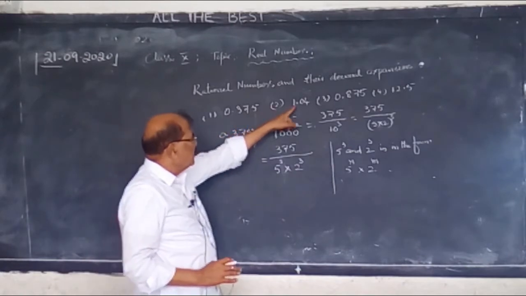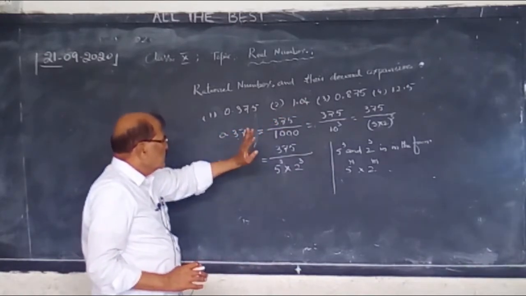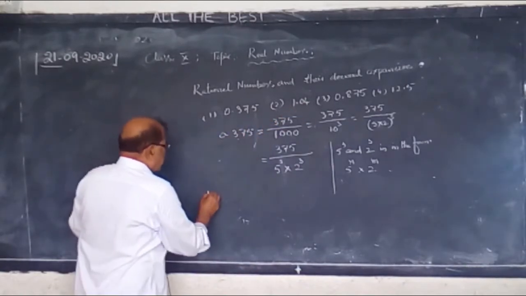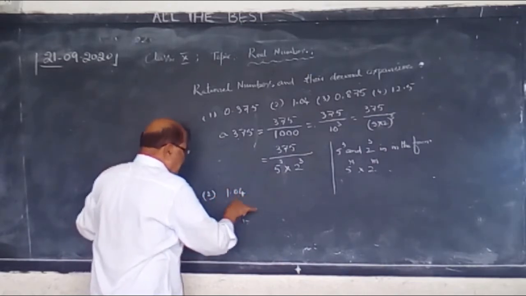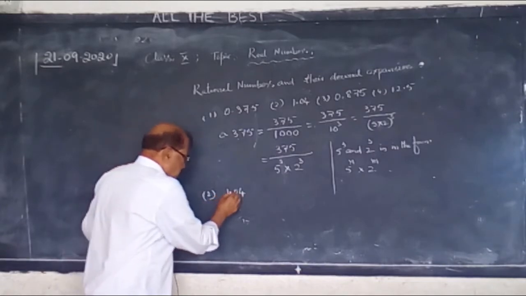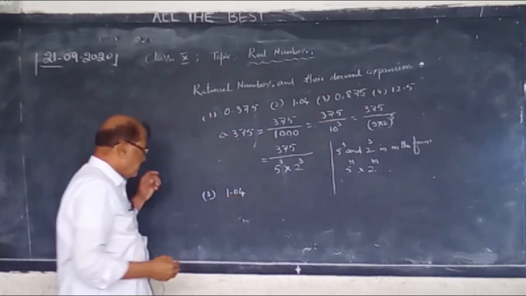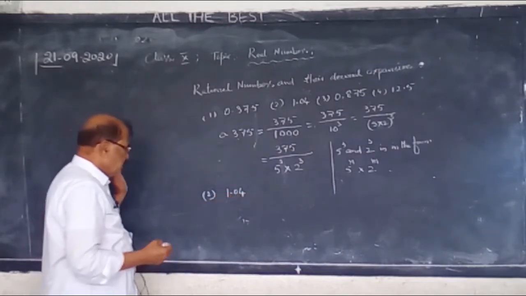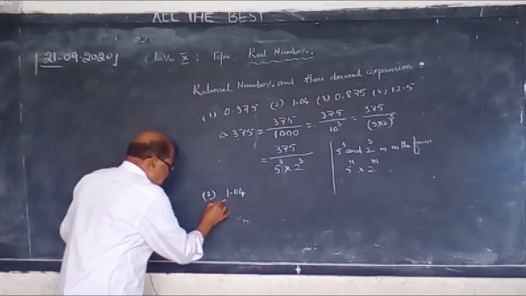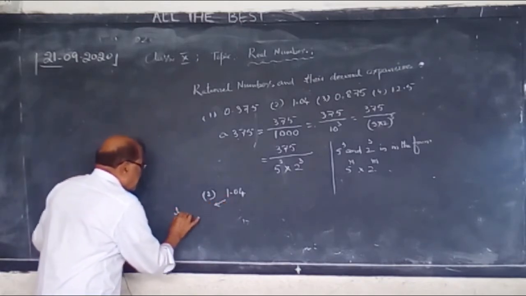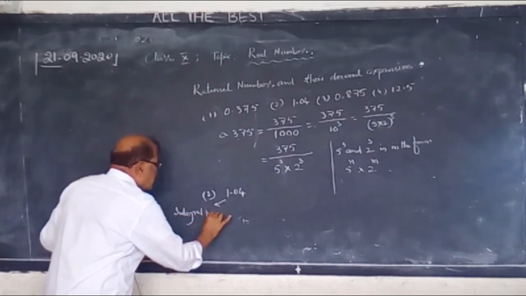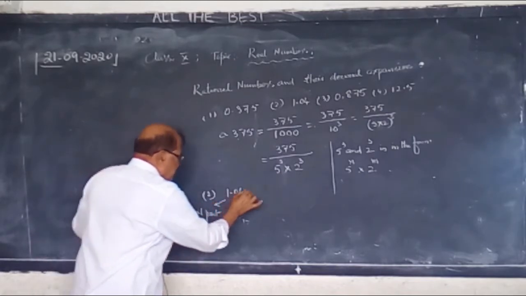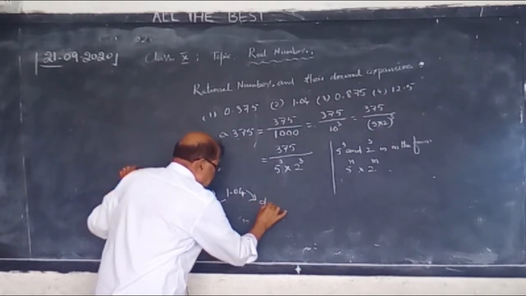So it is 1.04. You convert this, for example, 1.04. Whenever you come across a decimal number, please remember this is called the integral part, and this is called the decimal part.